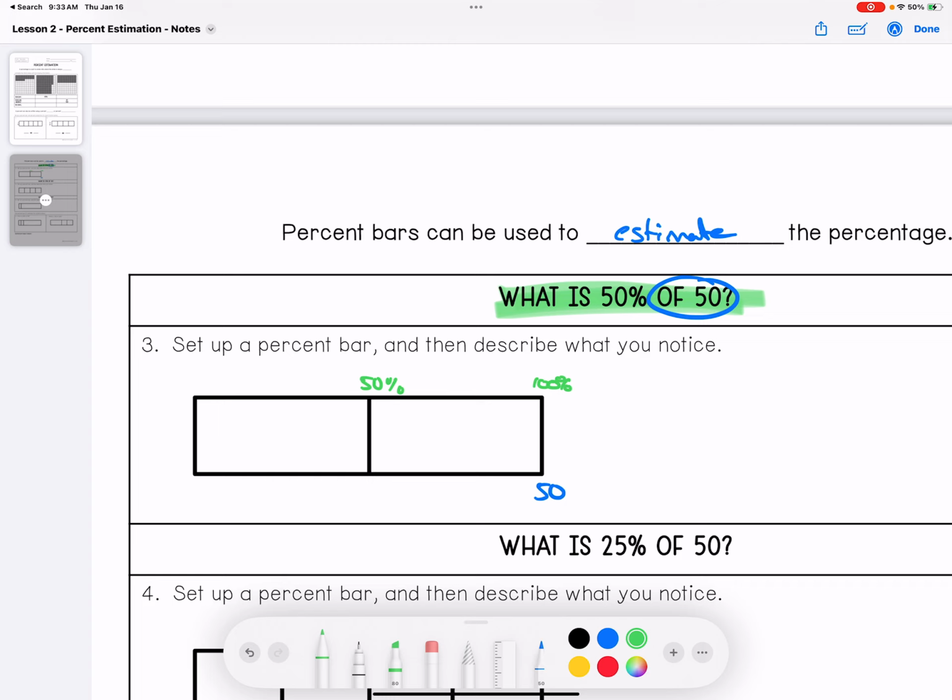So we know that 50% is 50 over 100, and we're looking for that top number. The 50 is the total. So how did I go from 100 to 50? I divided by 2. How am I going to go from 50 down? I'm going to divide by 2, and I'm going to get 25.